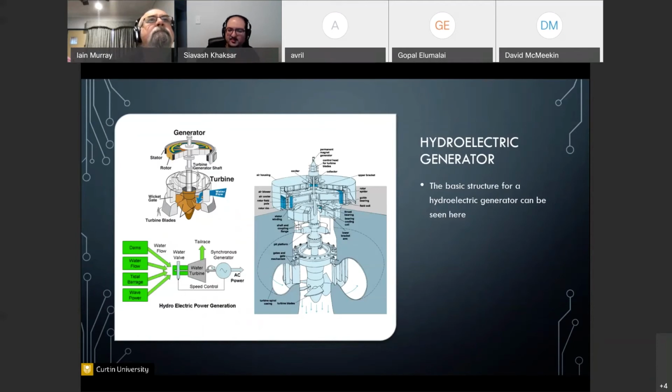And this one is showing an example of a hydroelectric generator, which uses a flow of water to generate electricity.